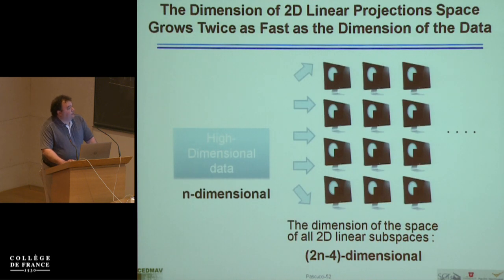So when I go to n dimensions, the dimension of my space is 2n minus 4, and so there are lots of views that I have to choose from. So the ideas that originally came from choosing scatter plots become even more important and interesting. Out of this sea of possible views, how do I pick good ones?